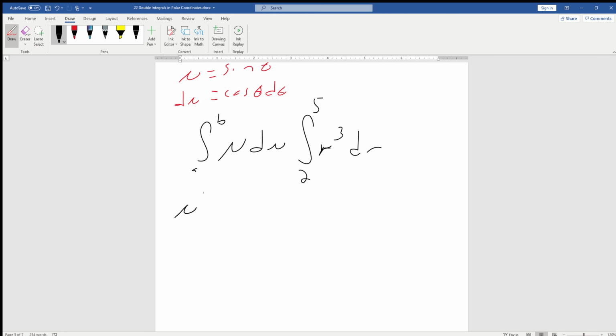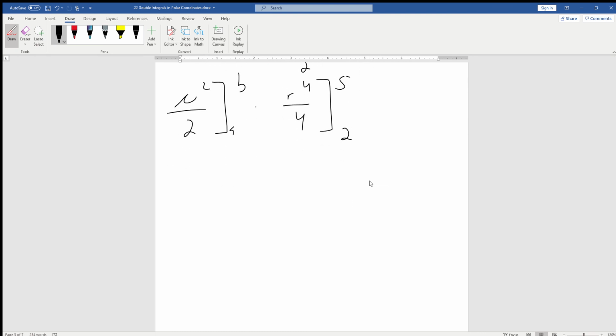So now we get u squared over 2 from a to b. We also get r to the fourth over 4 from 2 to 5. These are being multiplied together. We're going to back substitute. So now we're going to get sine squared of theta over 2, from 0 to pi halves, and then we're going to have r to the fourth over 4 from 2 to 5. We're going to substitute by utilizing our fundamental theorem of calculus.